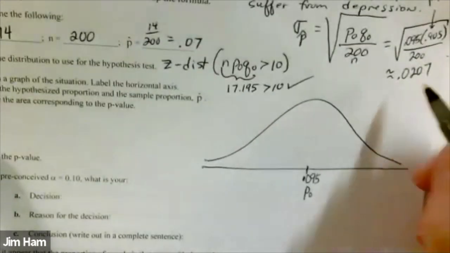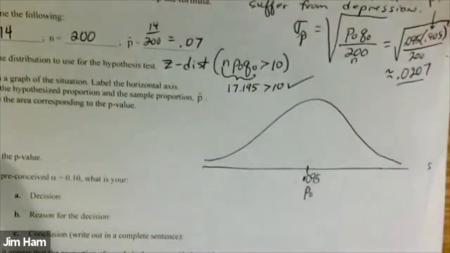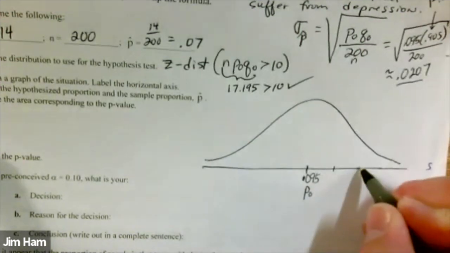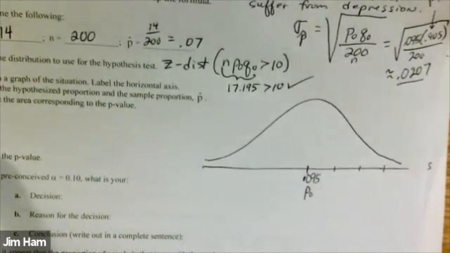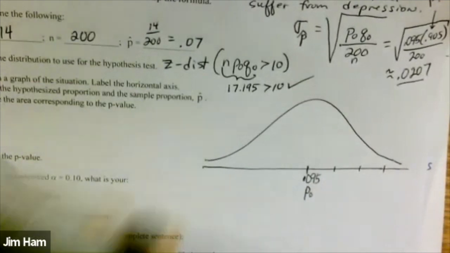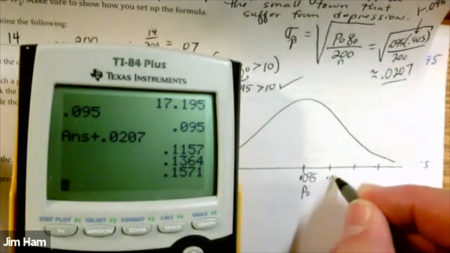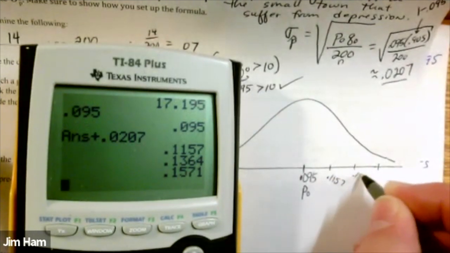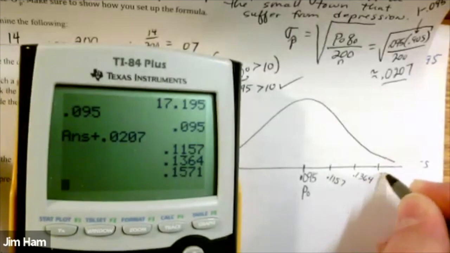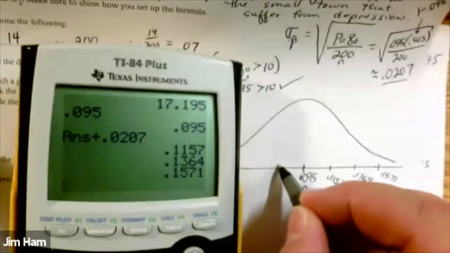We just calculated the standard error to be 0.0207. So that would enable us then to construct our sampling distribution. So this is 0.1157, 0.1364, and 0.1571.